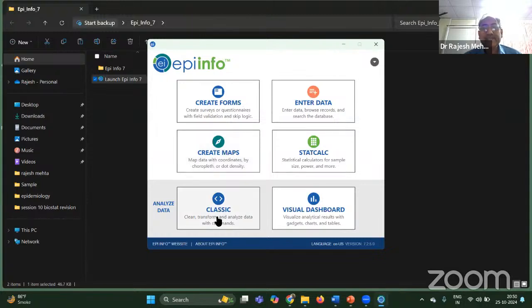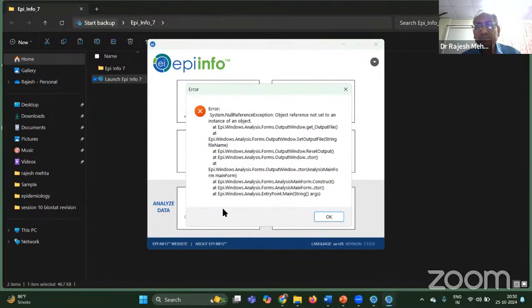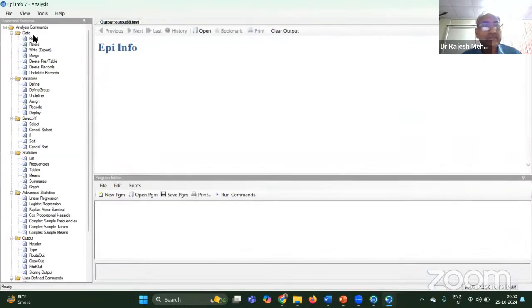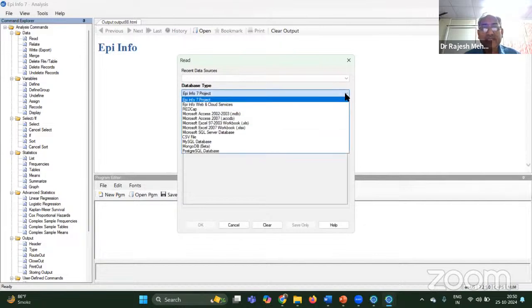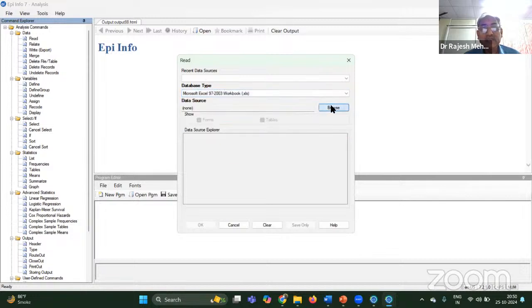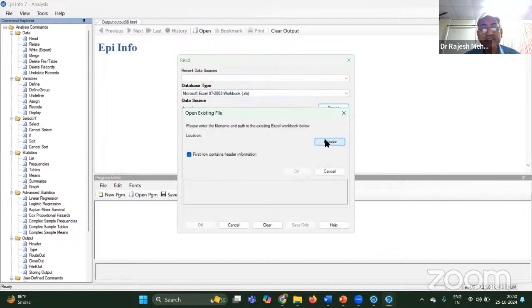We open the classic. Then we read the file, and we are choosing XLS file. And now browsing to where our file is.